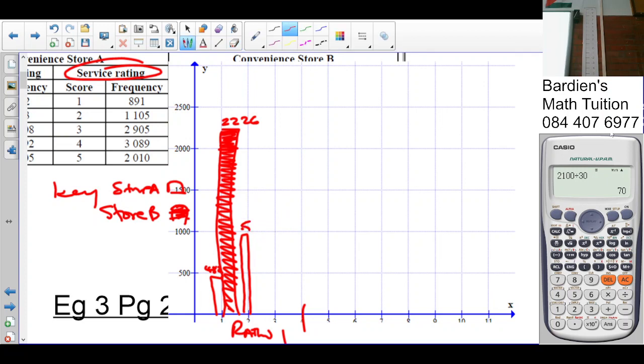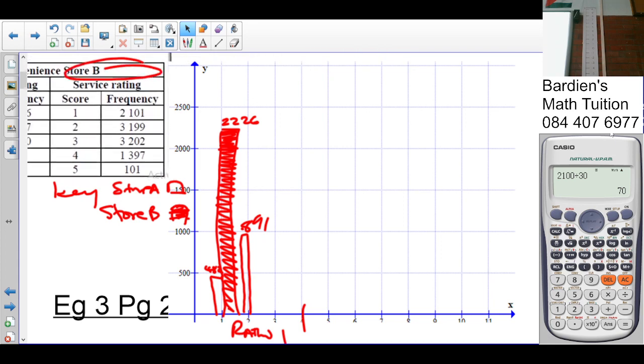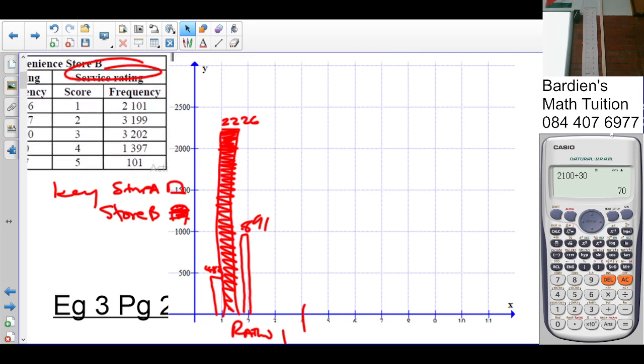Whilst store B, service rating comes in at 2,101. So it's just over 2,000. And again, shade. Okay, that's 2,101. I could have actually moved it over.